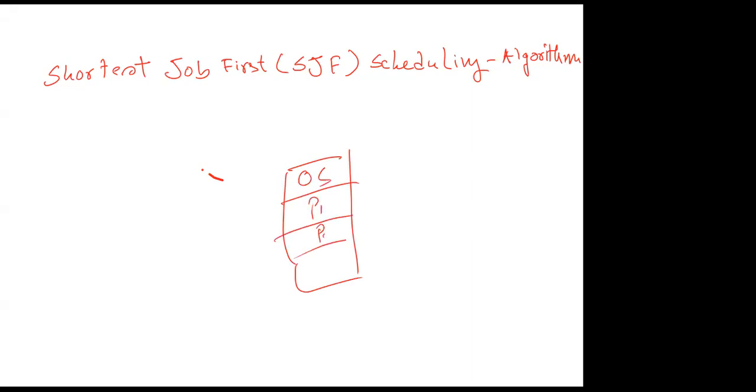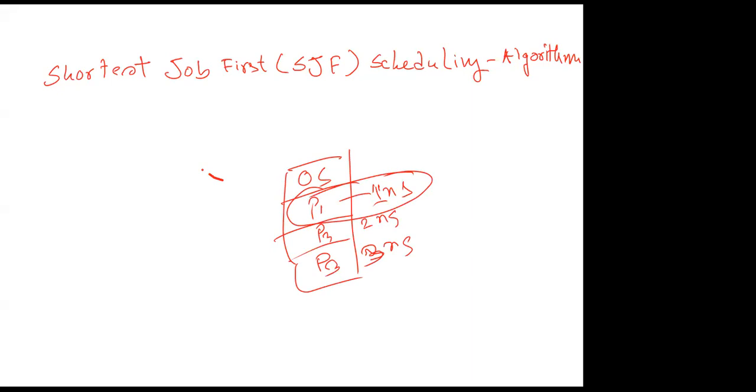Let's say one needs a total execution time of 1 nanosecond, another needs 2 nanoseconds, and another needs 3 nanoseconds. So which process needs the least burst time or execution time? Process P1. So process P1 will be executed first.